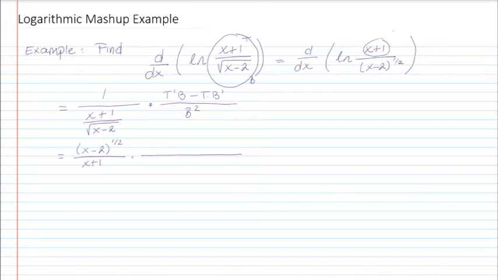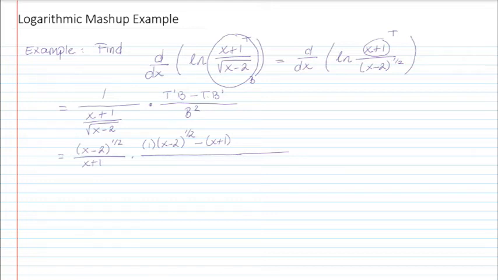So this is my top, and the derivative of x plus 1 is just 1. And then times the bottom, which is x minus 2 to the power of 1/2. And then minus the top, which is x plus 1, and then times the derivative of x minus 2 to the power of 1/2.